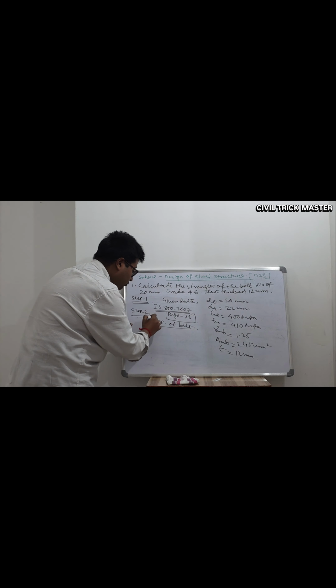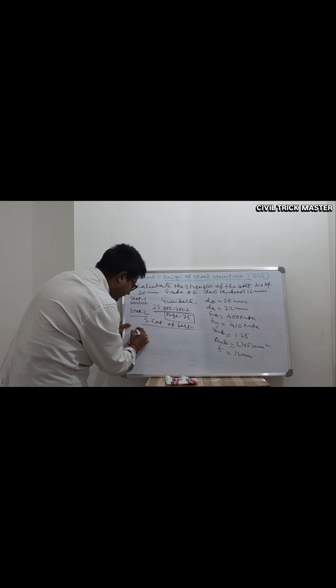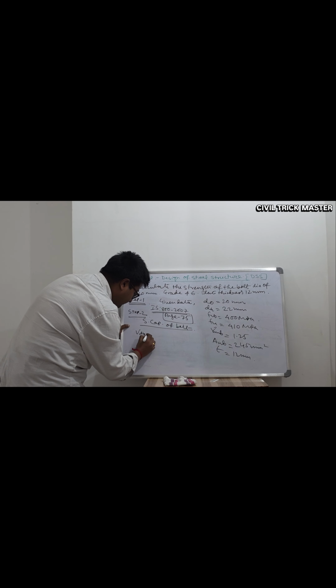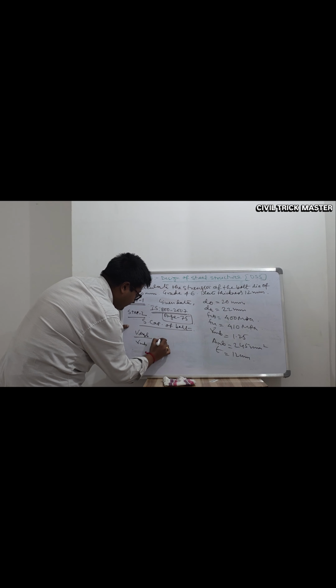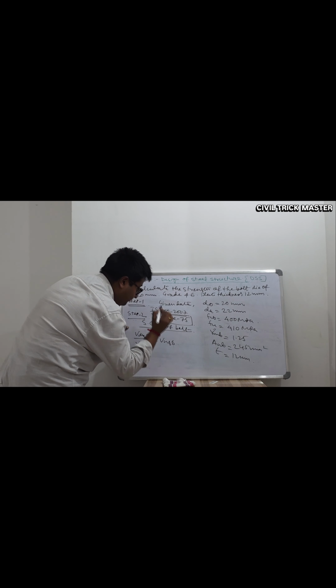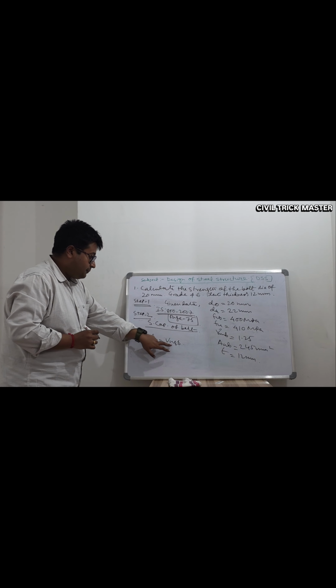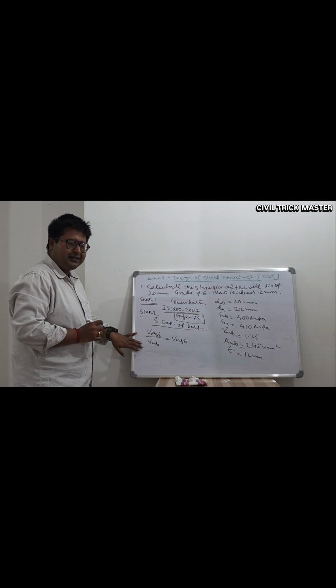What is step 2 of the shear capacity? There is this formula: Vnsb is equal to Vdsb by gamma mb.